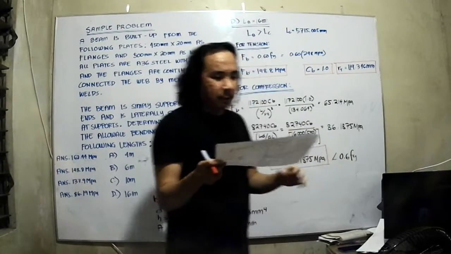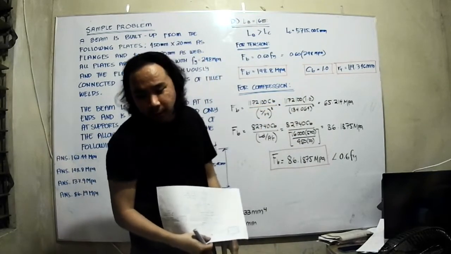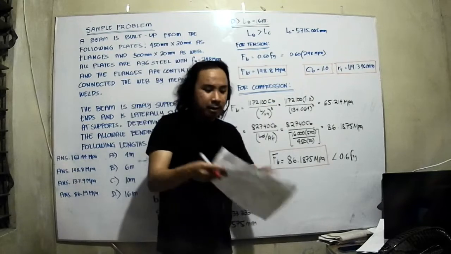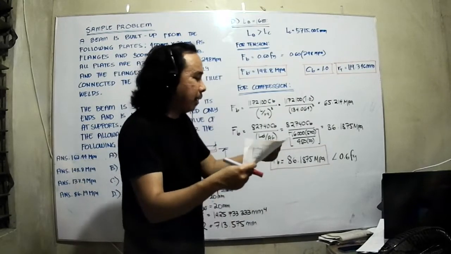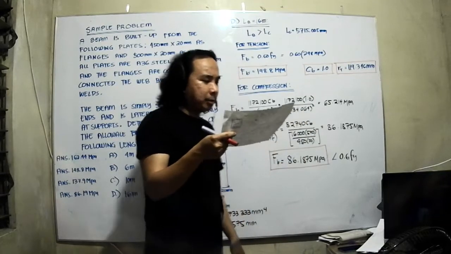That is everything under LB greater than LC. Now, for LB less than LC, we have also gone over almost all of it.